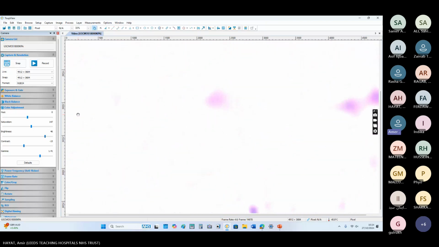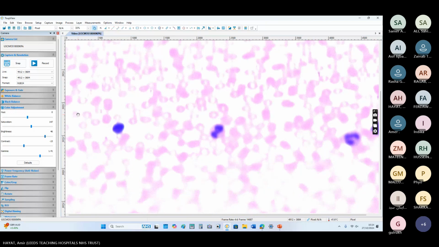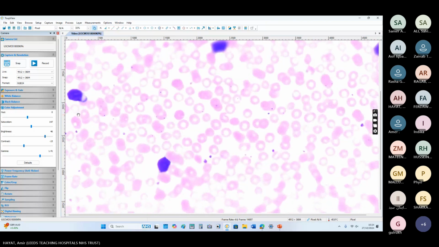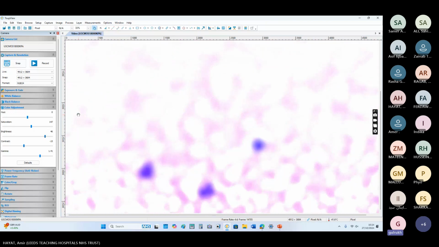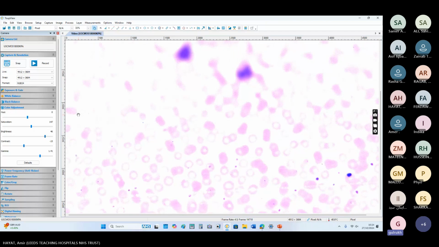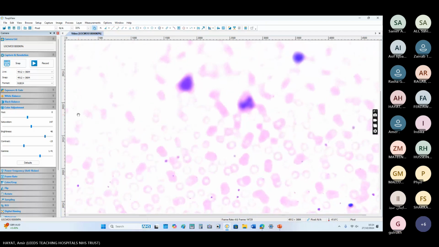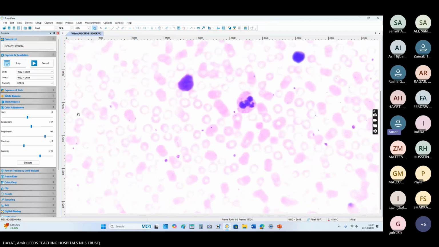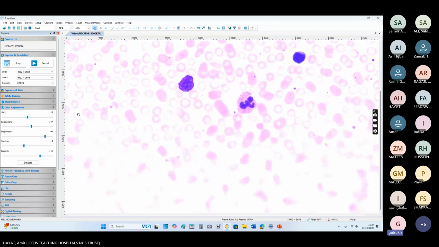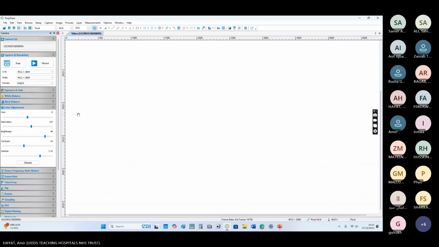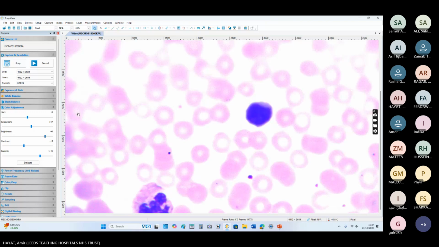Do you have any differentials in your mind? Sir, the first one that comes to my mind, Sézary cells. What is the morphology of a Sézary cell? Cribriform nucleus. These cells also have something like that.